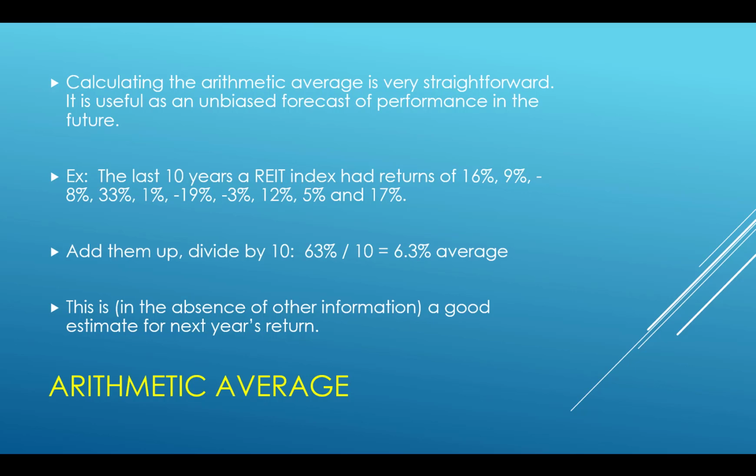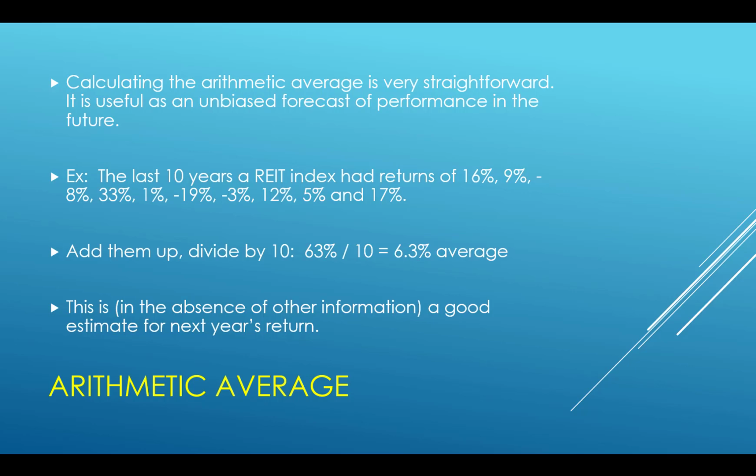As an example here, we've got 10 years of a REIT index, and their returns are 16%, 9%, -8%, 33%, etc. To get the arithmetic average, we add up all of those returns and divide by 10. In this case, we'd have 63%, divided by 10, a 6.3% average.